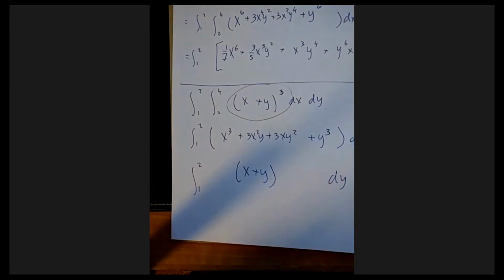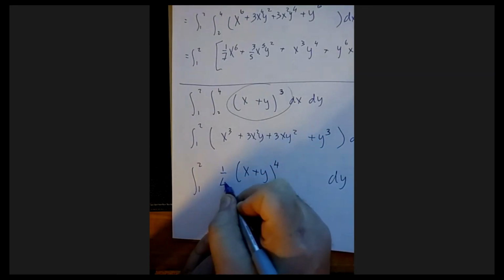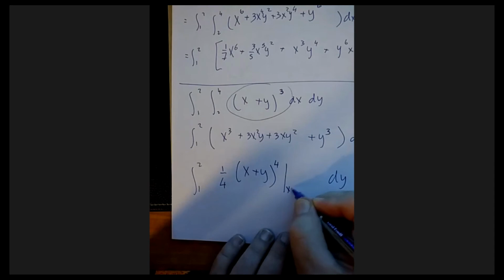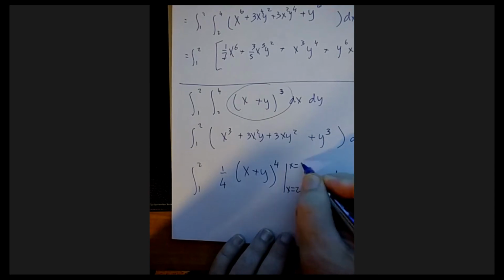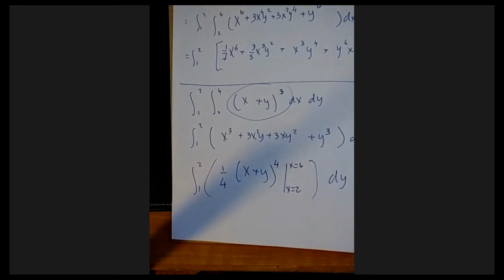Suppose that was x plus 2 brackets all cubed, right? Could be that. Wouldn't you just do a version of the power rule? You'd add 1 to the power and you divide by the new power. You can then evaluate this at x equals 2 to x equals 4, and you're done.